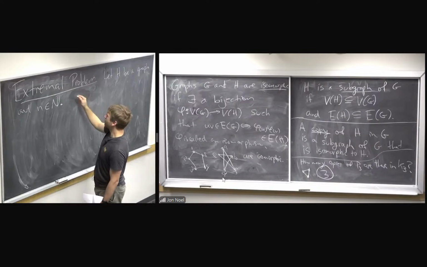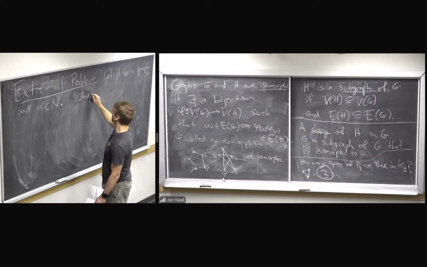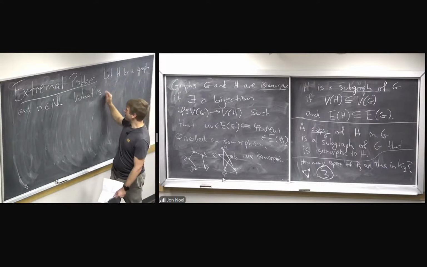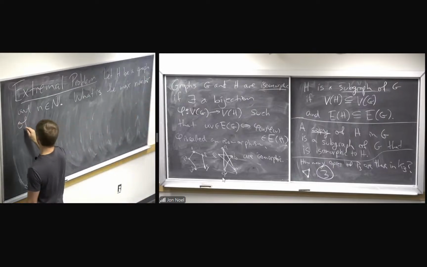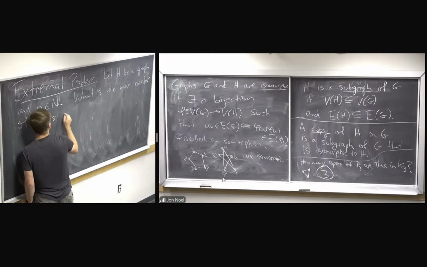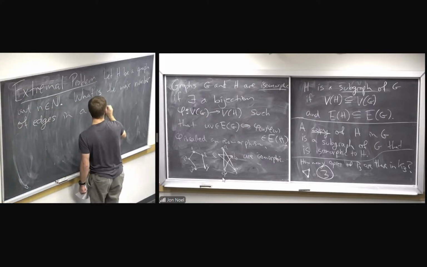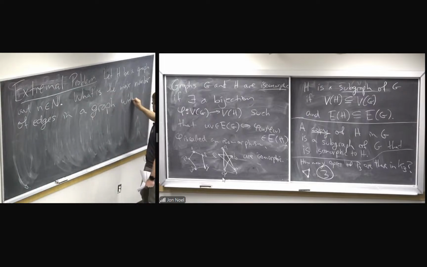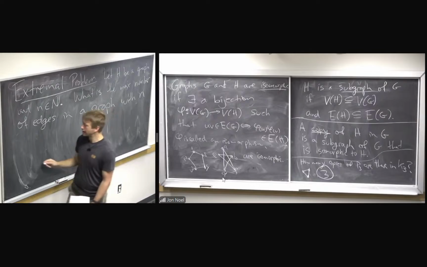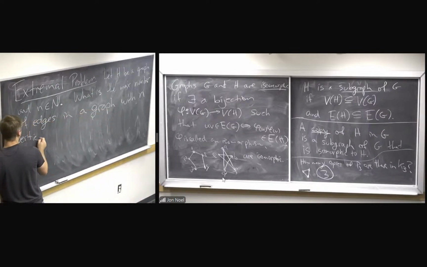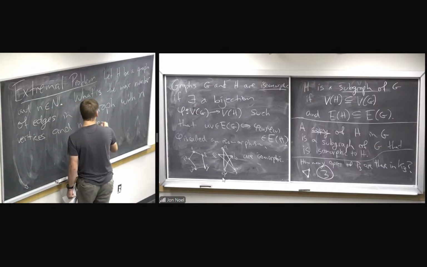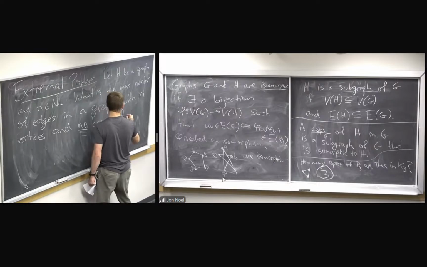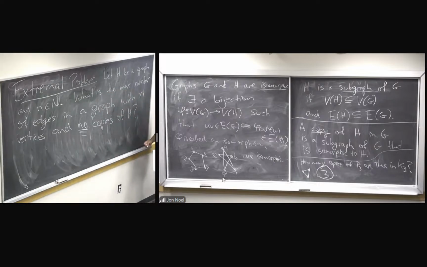So the question is, what is the maximum number of edges in a graph with n vertices and no copies of H?